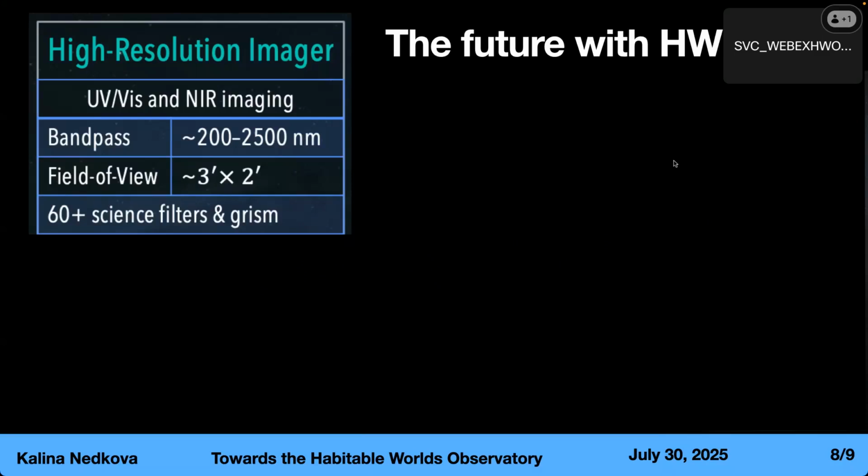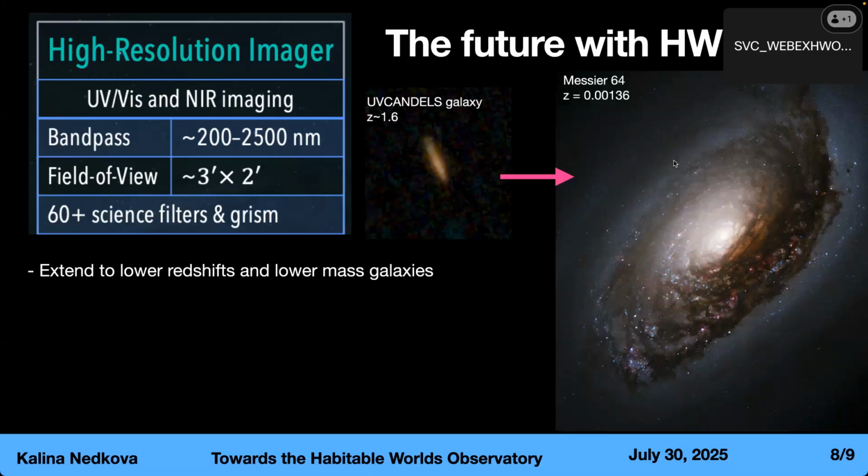If the bandpass can be 100 or 150 nanometers, that would be fantastic for the science because it would enable us to look at the UV of redshift 0 galaxies. And so if we do that, we can extend the same kind of analysis to lower redshift. And thanks to HWO sensitivity, we can look at lower mass galaxies.